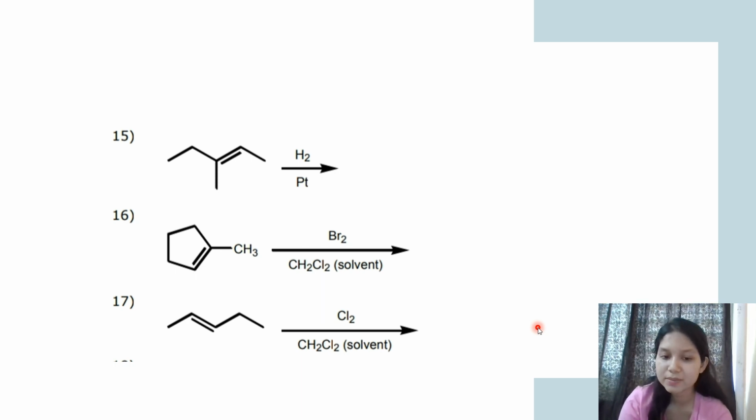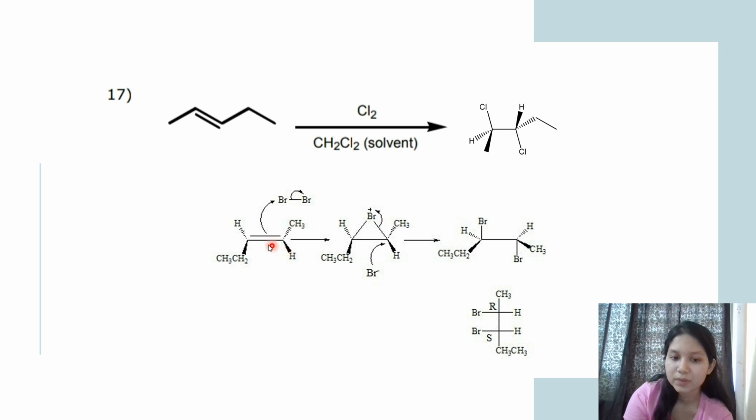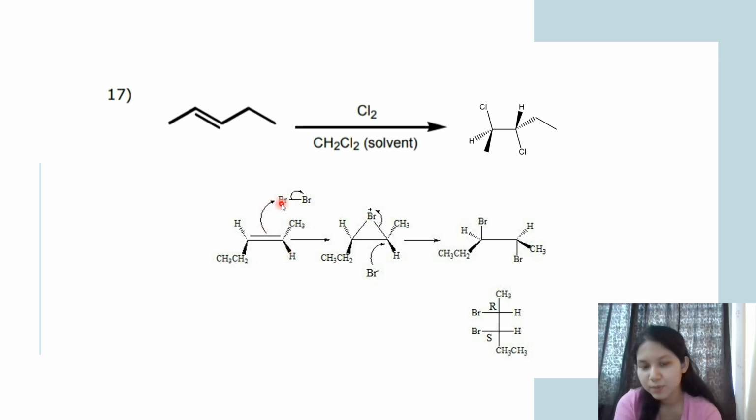A similar kind of mechanism will be followed. Okay, this acyclic alkene will first, let us take the example of bromine only, but the mechanism will be the same. Okay, so the double bond will first attack the bromine of the bromine molecule.